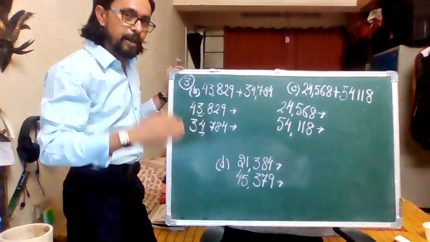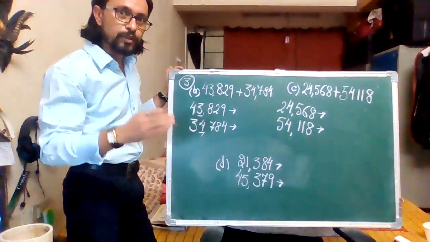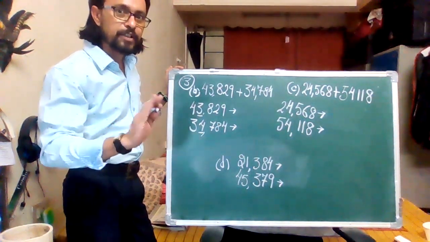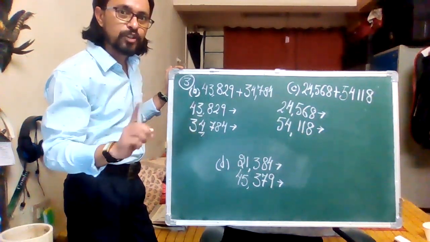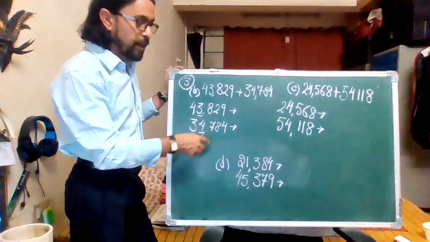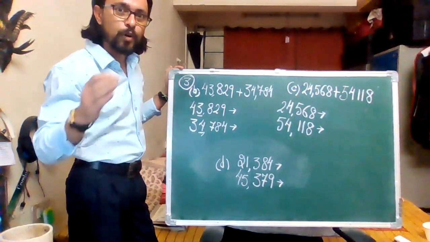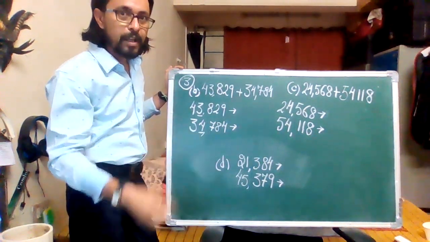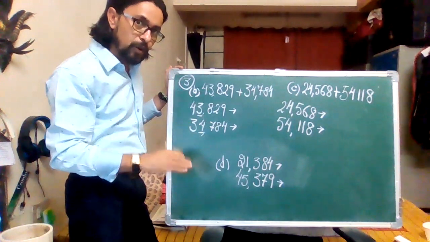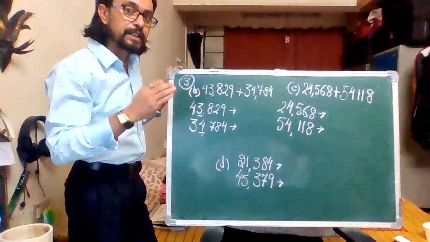Remember, if the number to the right is from 0 to 4, 0, 1, 2, 3, 4, then the number does not change. The place value that you are rounding off, that number does not change. But if the number at the side of it is 5, 6, 7, 8, or 9, then that number increases by 1.